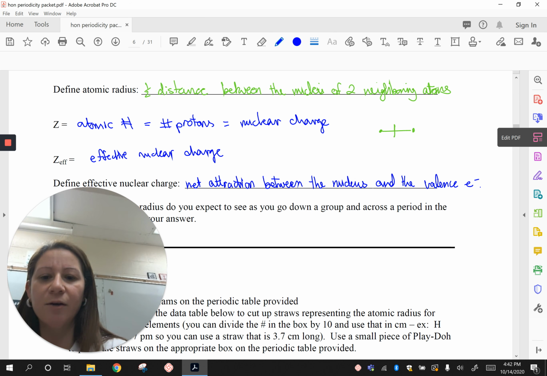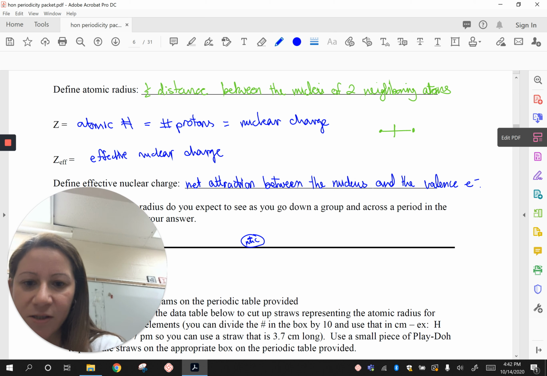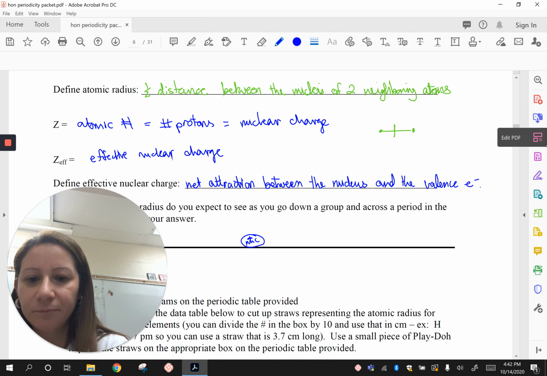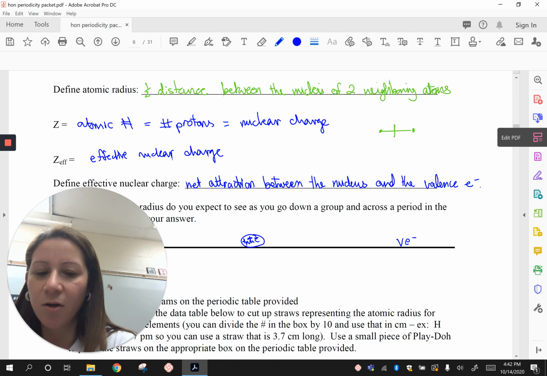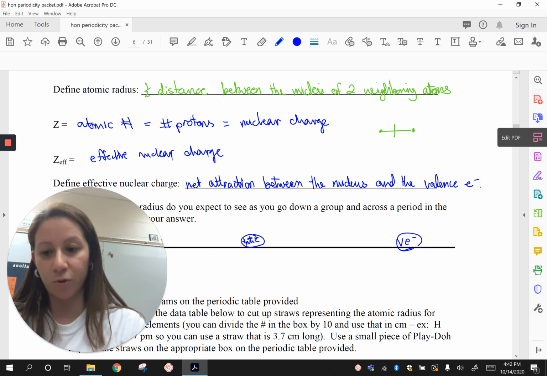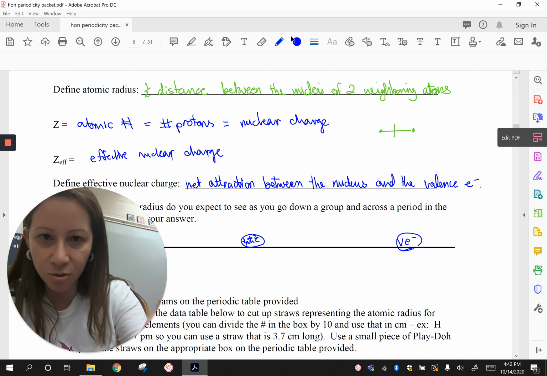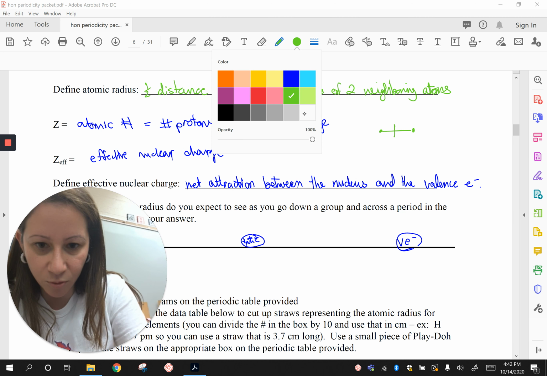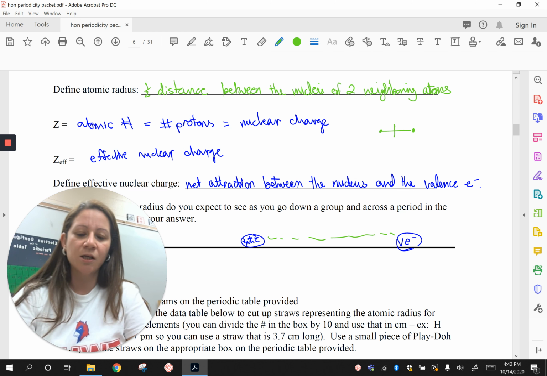Let's say that we have an atom where the nucleus is here. Remember, the nucleus has positive protons, so there are positives here. And then here's your valence electron. That valence electron experiences two forces. It is attracted to the nucleus, so there's a force of attraction between the nucleus and the valence electron.